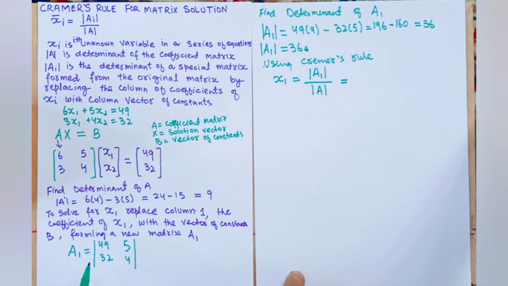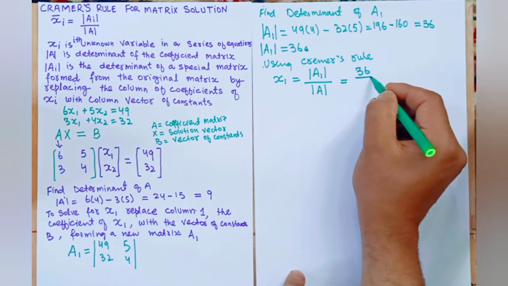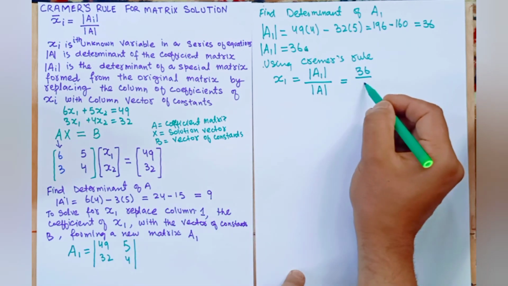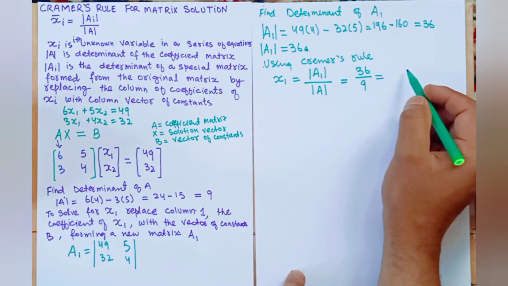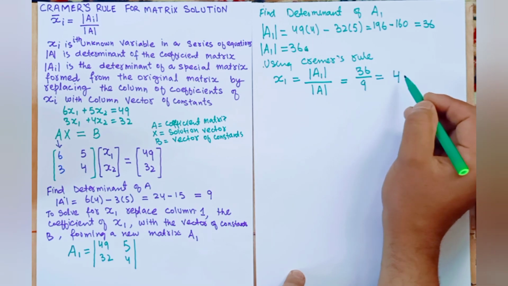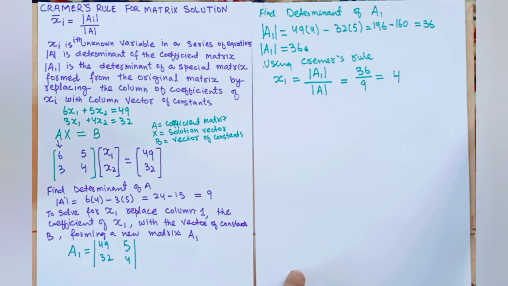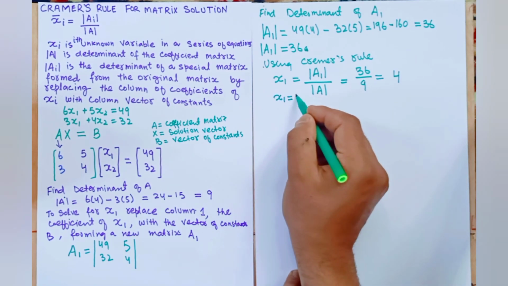The determinant of the new matrix was 36, and the determinant of the original matrix was 9. So 9 fours are 36. So the value of x1 is 4.